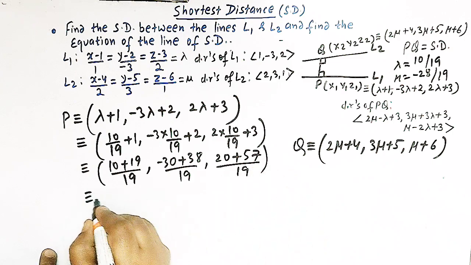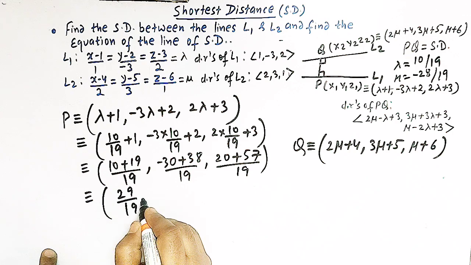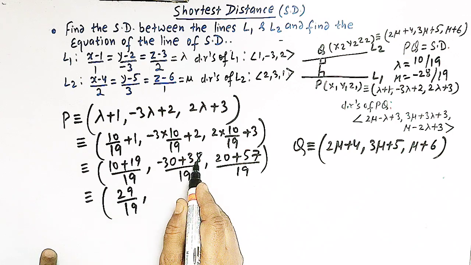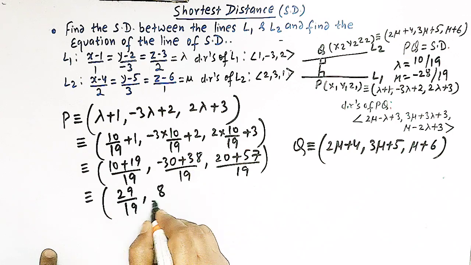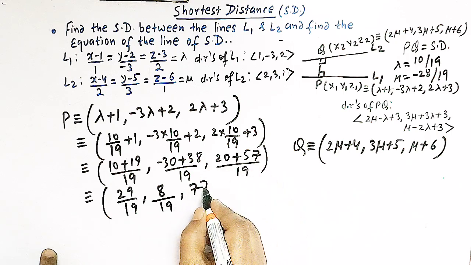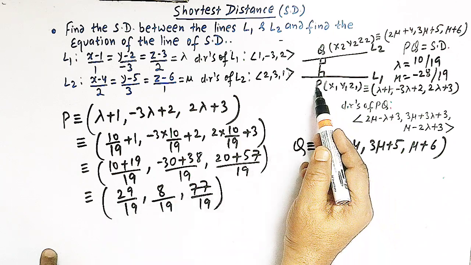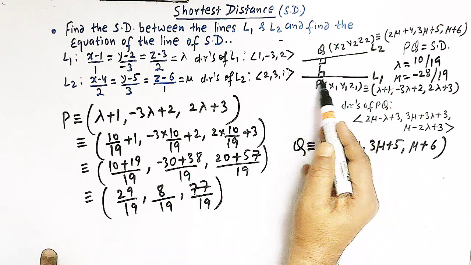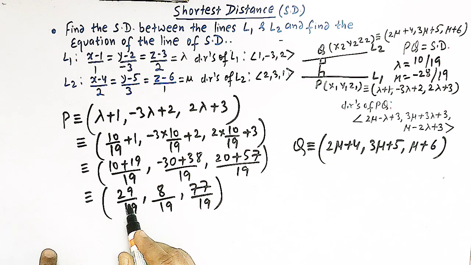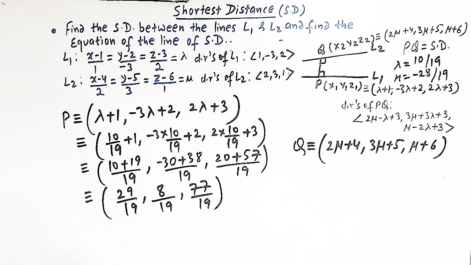So we have now this is 29 over 19, and this is 8 over 19, and here we have 77 over 19. So the coordinates of the point P, which lies on this line L1, are given by 29 over 19, 8 over 19, and 77 over 19.